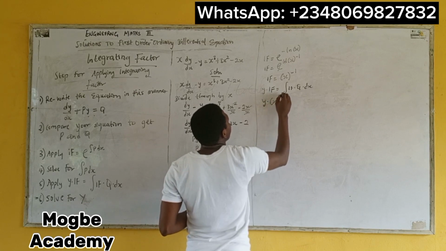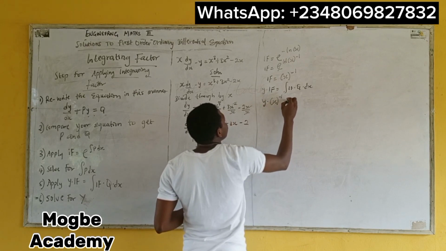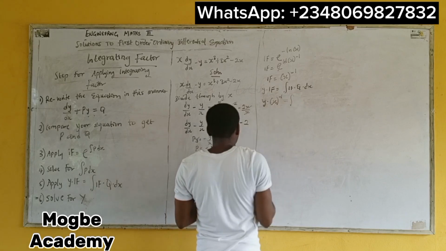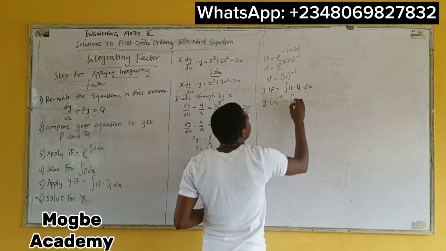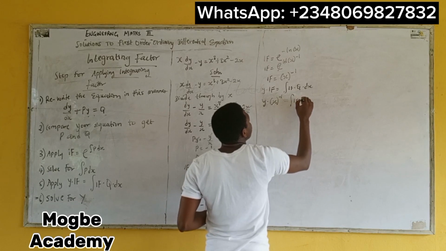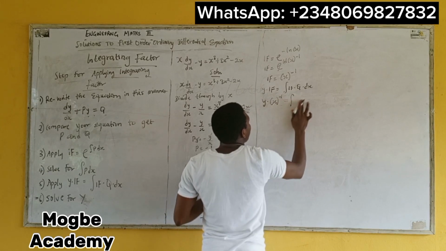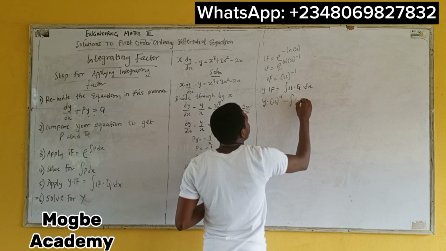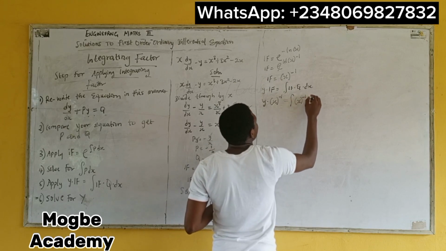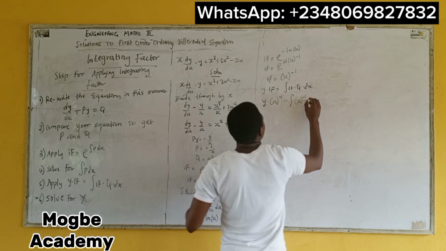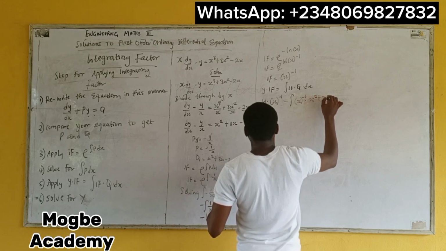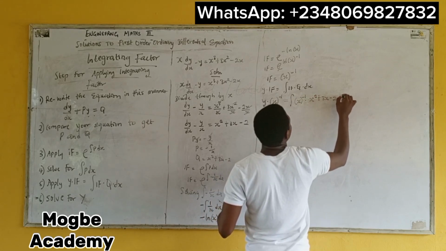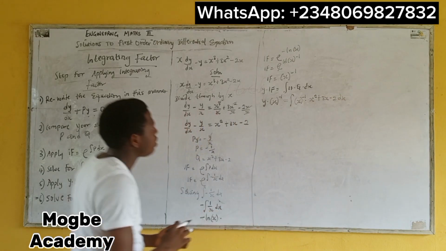X raised to the power of minus 1, and this is equal to integral of if dot, what's our if? Our if is x raised to the power of minus 1 dot q. What's our q? Our q is x squared plus 3x minus 2 dx. That's it.